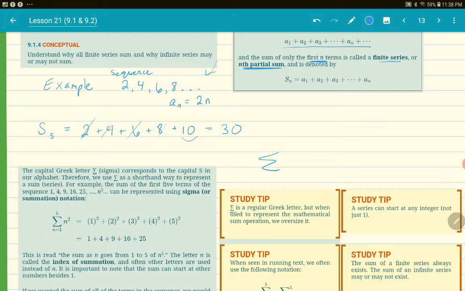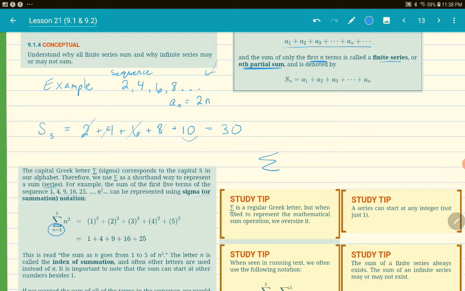Therefore, we use sigma as a shorthand way to represent a sum or a series. So a sum of a sequence, or a sum of a certain number of elements of a sequence, is called a series. For example, the sum of the first 5 terms of the sequence 1, 4, 9, 16, 25, n squared, can be represented using sigma notation. The number under the sigma tells me which element to start with.